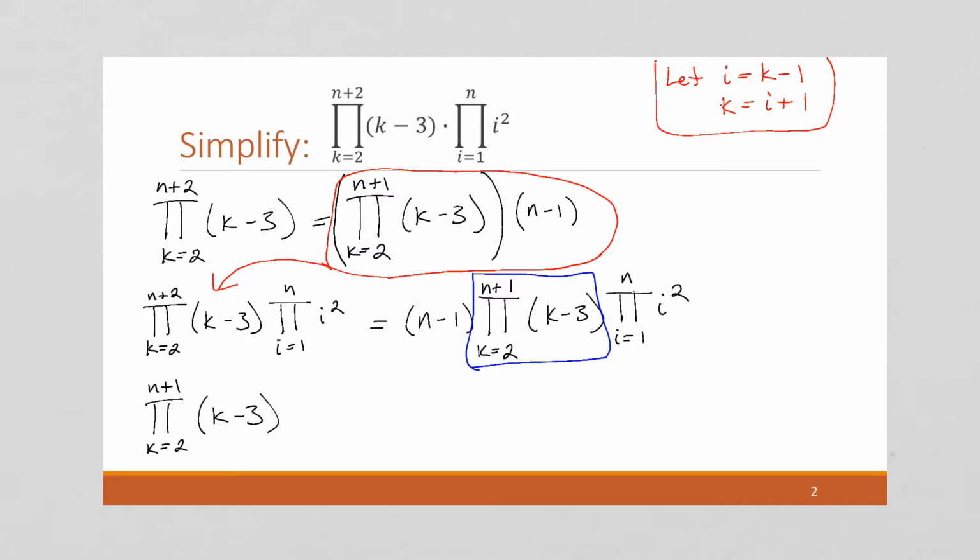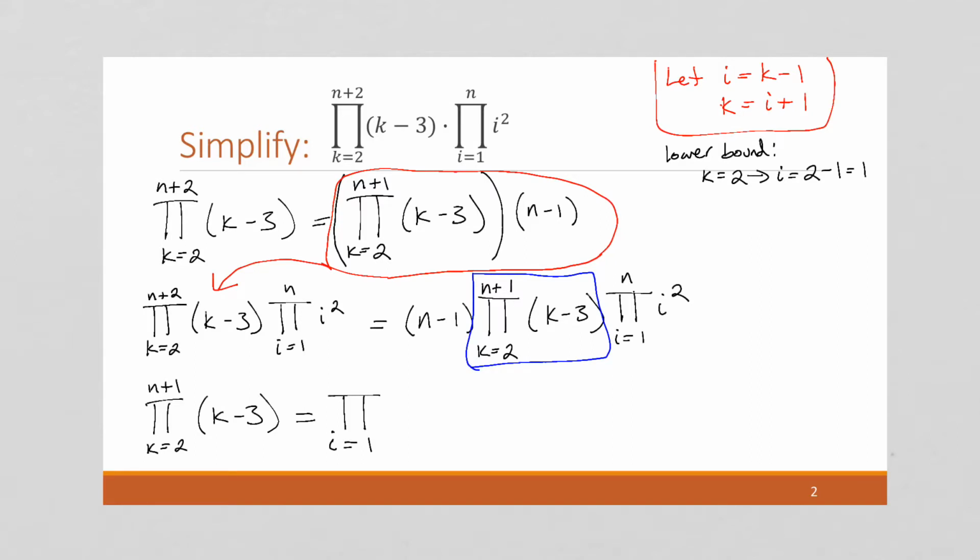And so now we're ready to start working with the bounds. So the lower bound, we currently have k equals 2. Well, using this equation right here, I can get what i is equal to: 2 minus 1, which is 1.